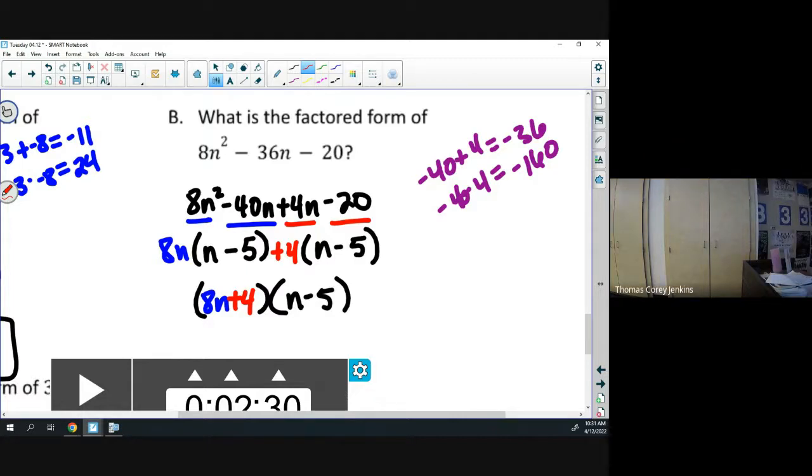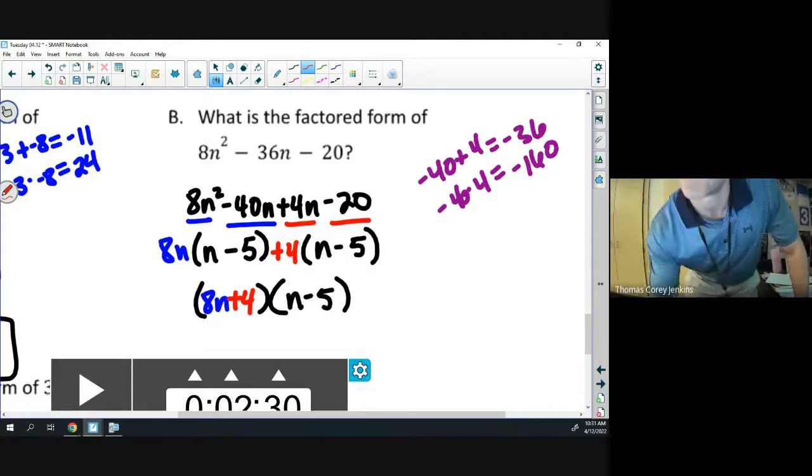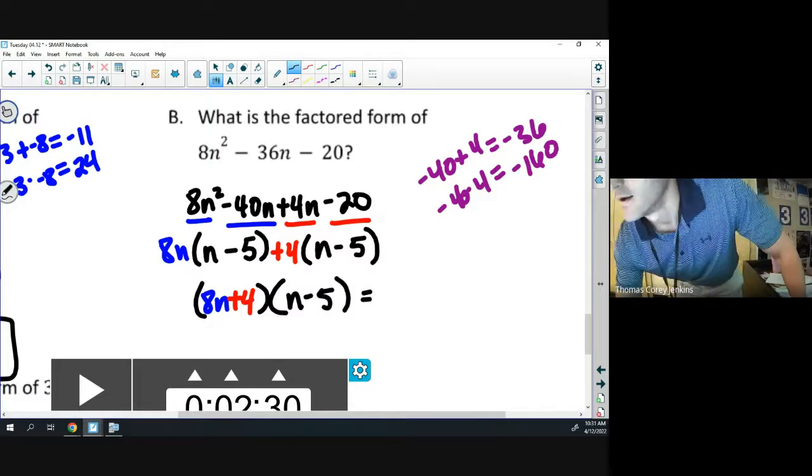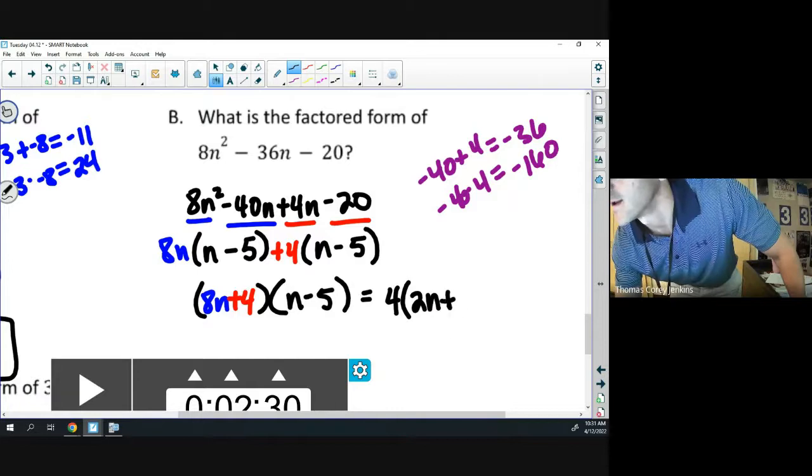So it's probably easier to tell 4 divides into 8n and 4 than all 3 of those, okay? So point being, you can divide it out at the end. You just have to remember to do it, okay? So MathXL wouldn't accept this, but they would accept 4 times 2n plus 1 times 1n minus 5.